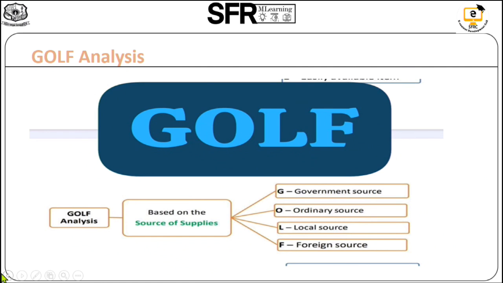Gulf analysis is the type of analysis where your organization combines different types of raw materials or different business lines, diversified products. They will be looking at the government source. If you take certain materials, there is a restriction from the government.